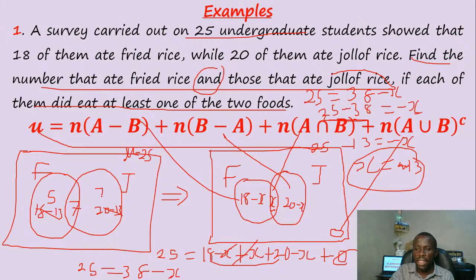If you look at this now, definitely, 5 plus 13 plus 7 should be 25, but this is not equal to 25. This is 25 only if we count the people that do not eat at all, so there are some people that do not eat either. Yeah. So let's look at another example.